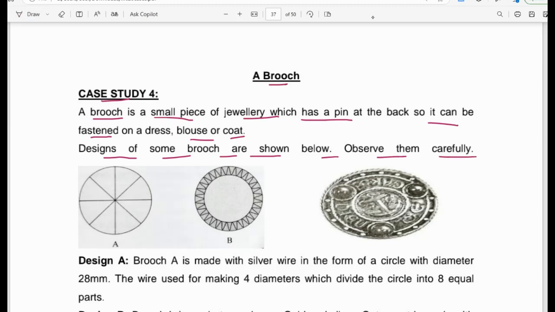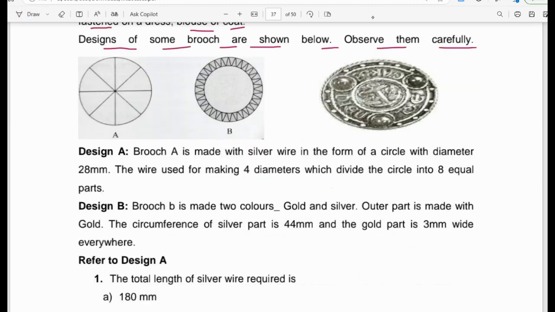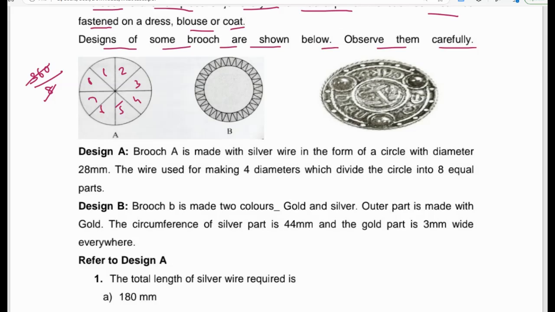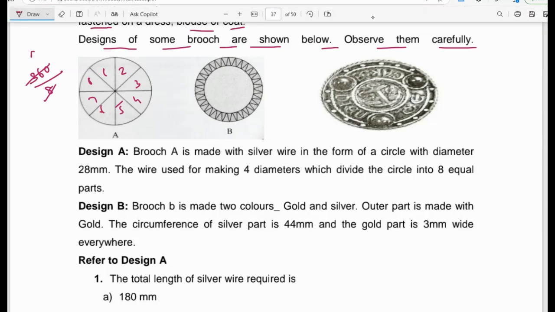So it is one circle divided into 8 parts. If the angle of the circle is 360 divided by 8, how much will it be? It will be 45 degrees. So each one has 45 degrees.